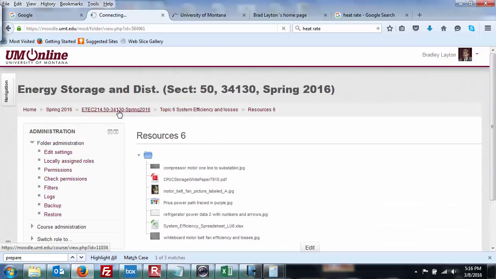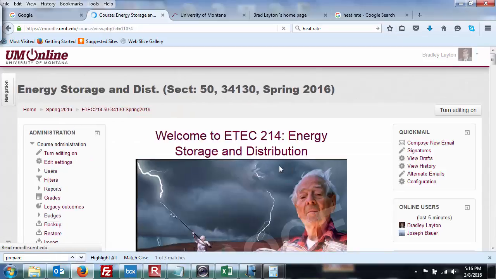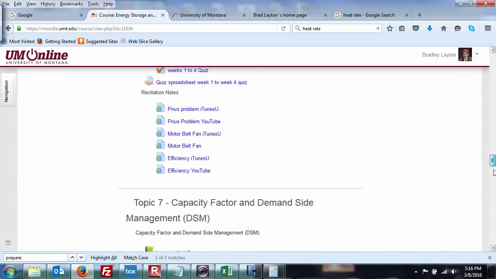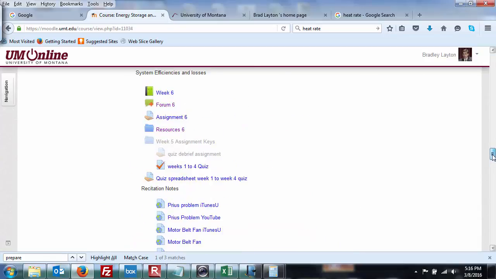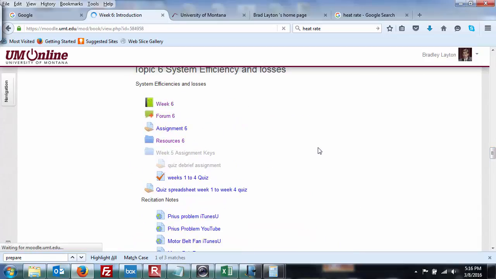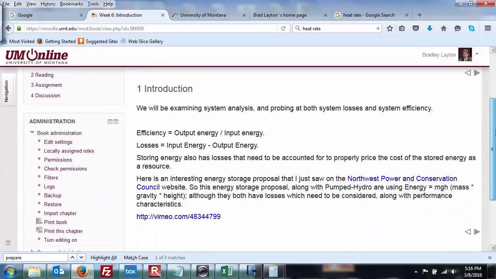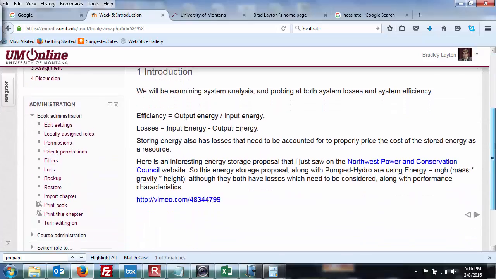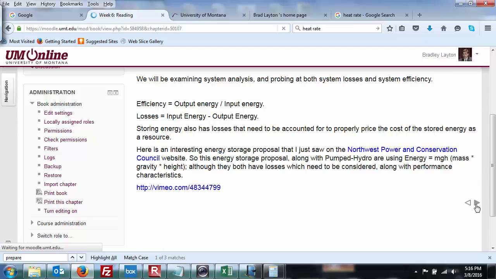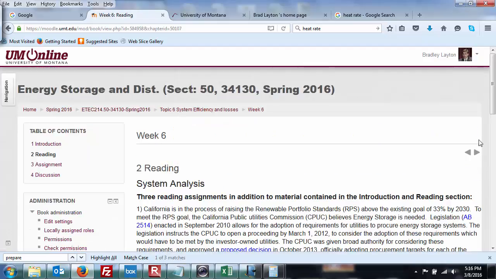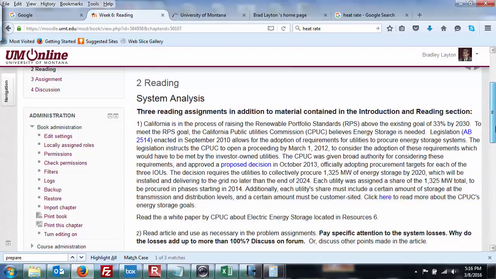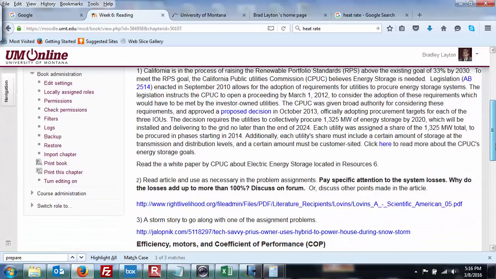I bet it's under reading. Usually he's just got a little link there. What power? Legislation, proposed decision, CPUs.